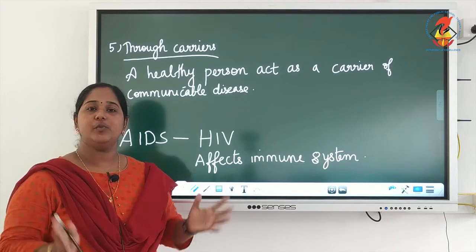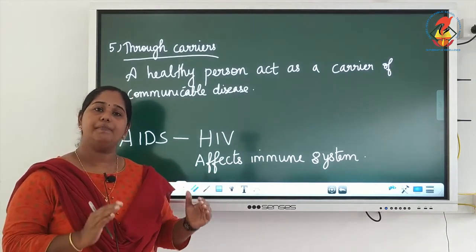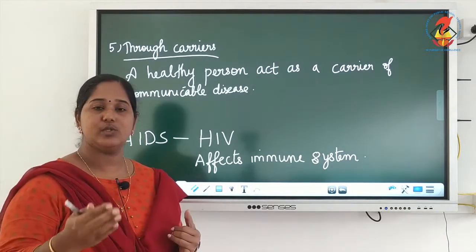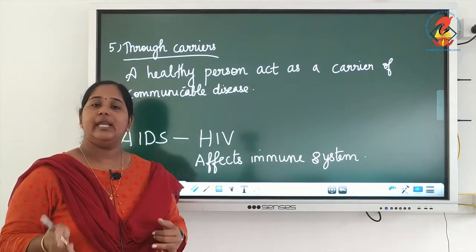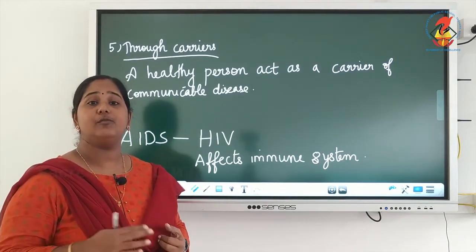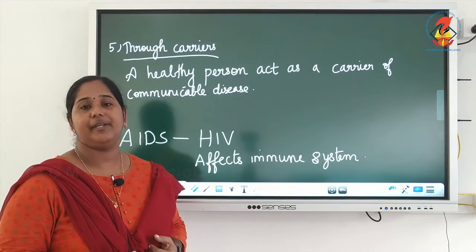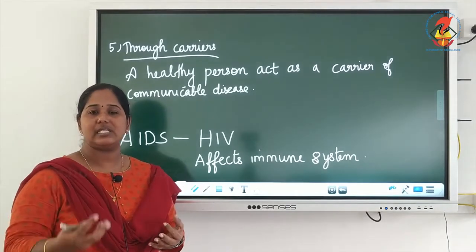So these are the different ways by which diseases are spread from one person to another. It can be through direct contact, by using the clothing or things used by an infected person. It can be through food and water, that is, polluted food and water. It can be from the air that we breathe, by coughing, spitting and sneezing.